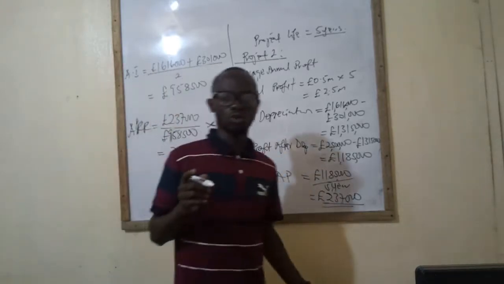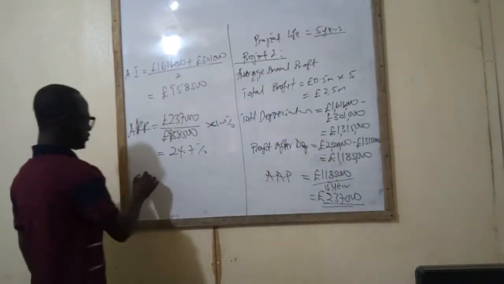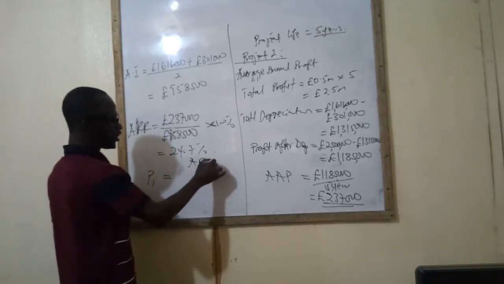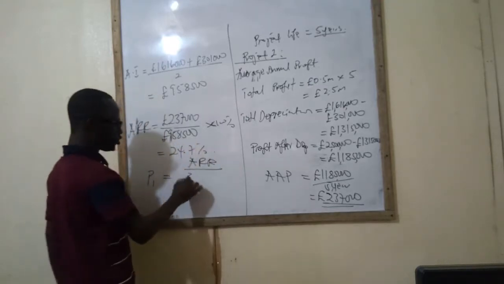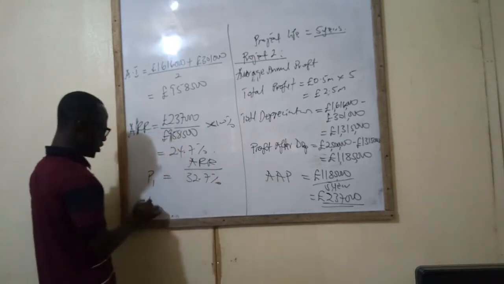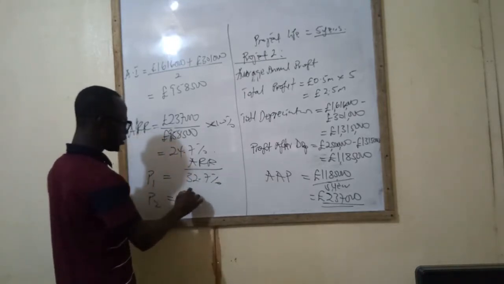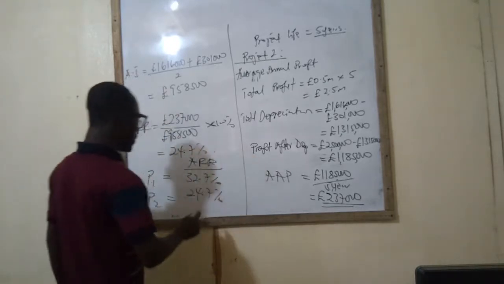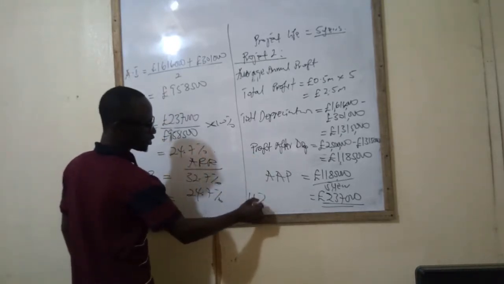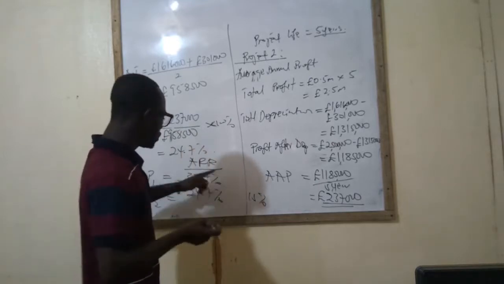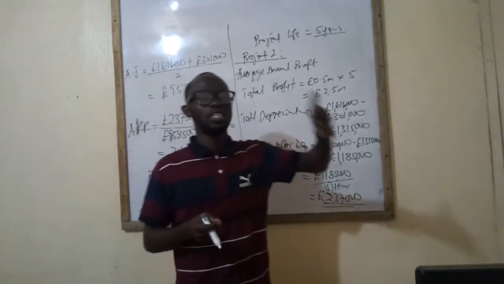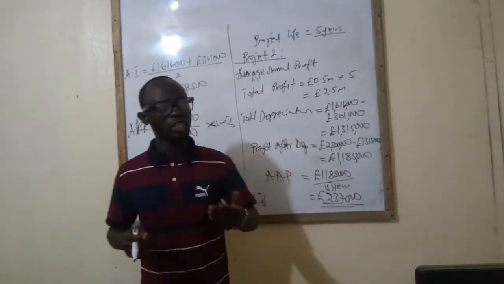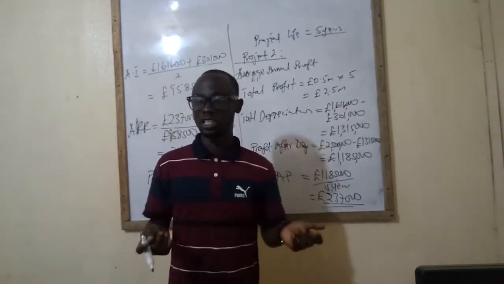So if you look at this question, project 1 is giving us an accounting rate of return of 32.7%. Project 2 is giving us an accounting rate of return of 24.7%. But the company's cost of capital is 15%. So even though the 2 projects are both greater than the company's cost of capital, the question said we should advise the company which of the projects it should undertake.